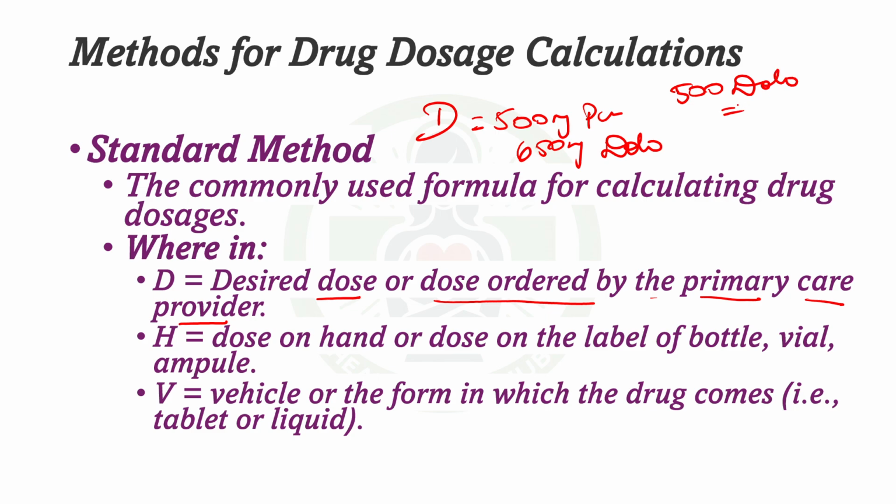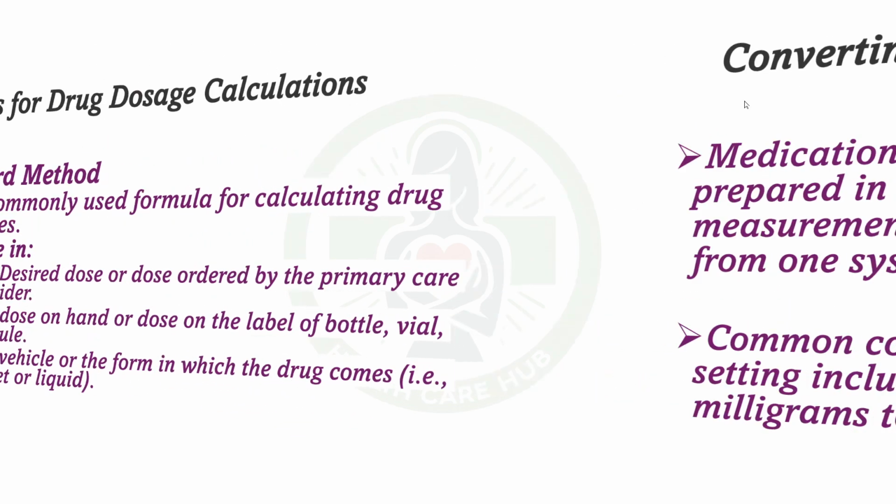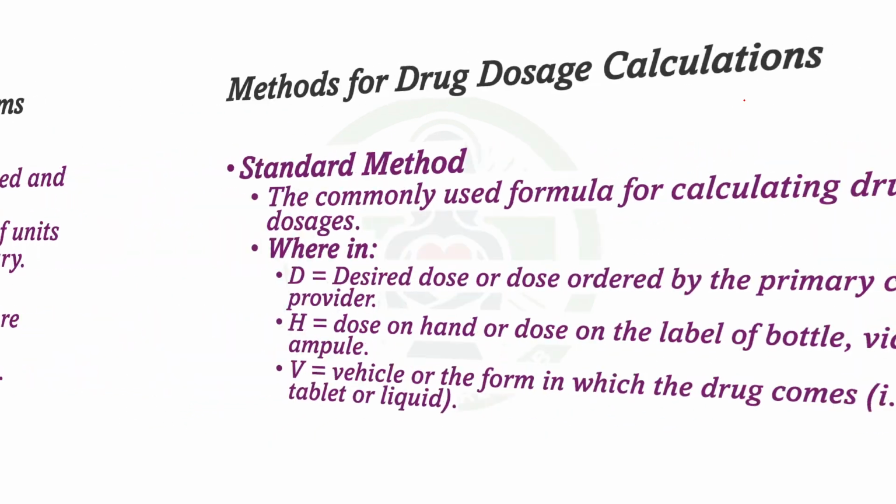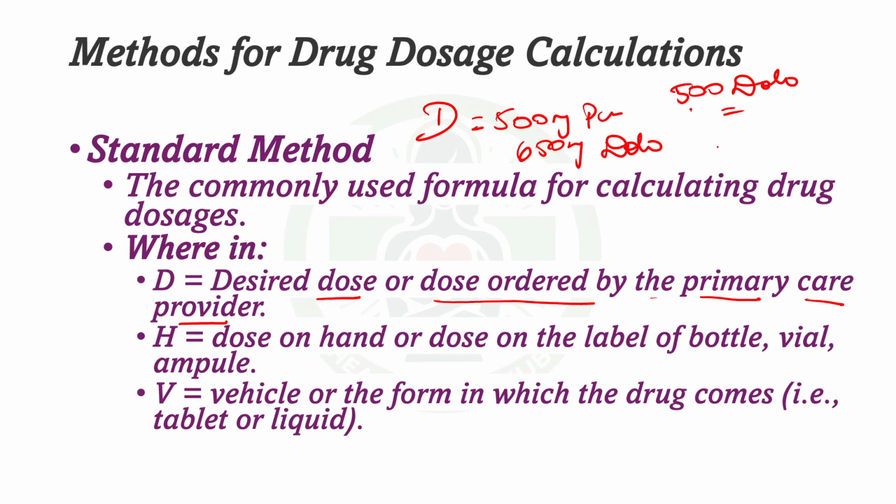For example, you think only 500 mg Dolo is available. So you need to convert into the prescribed dose, so the prescribed dose will be 650. Understood or not?